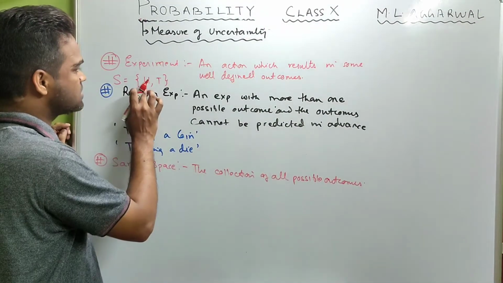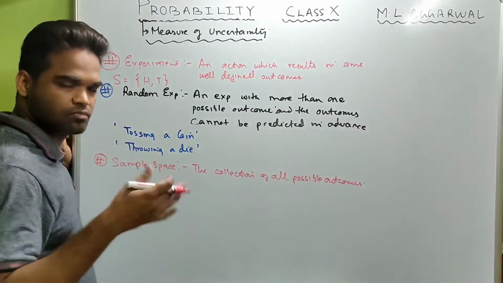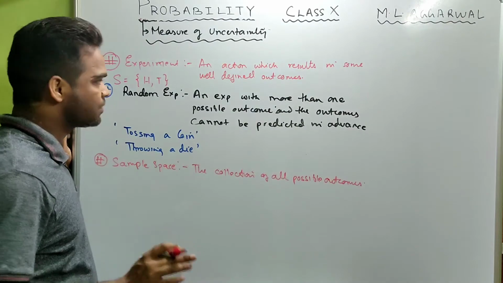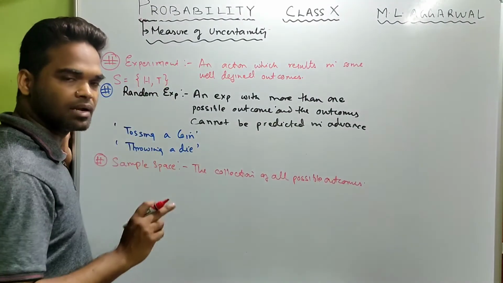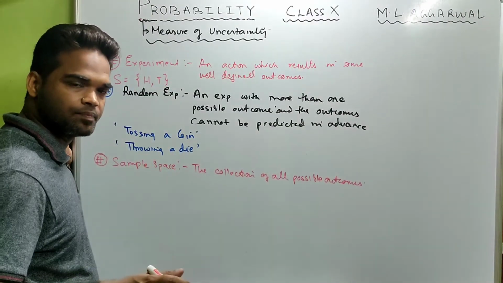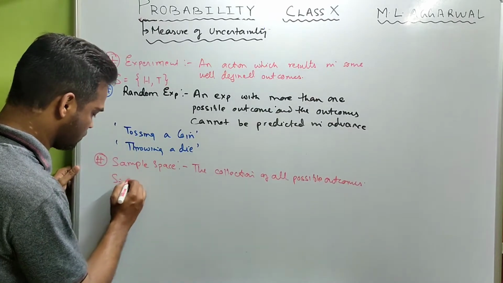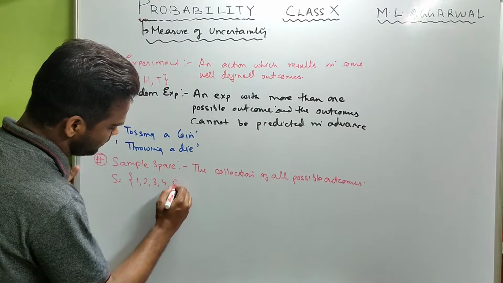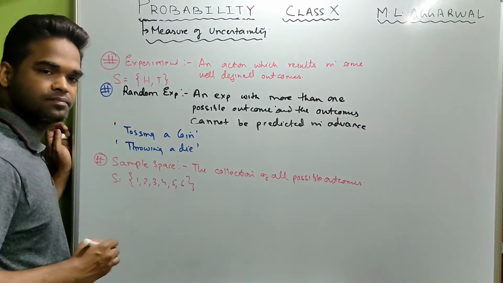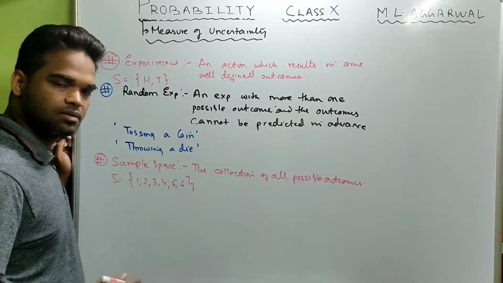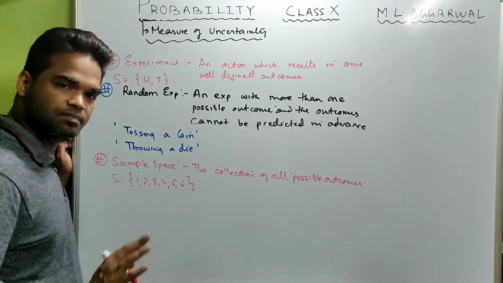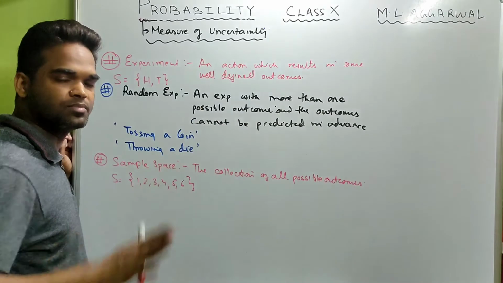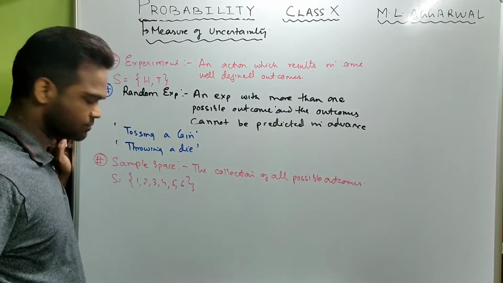The sample space is {H, T}, where H represents a head and T represents a tail. Whenever you write a sample space, you write it in curly brackets. Suppose you throw a die, then your sample space will be {1, 2, 3, 4, 5, 6}. Am I clear what is sample space? All the possible outcomes of an experiment.